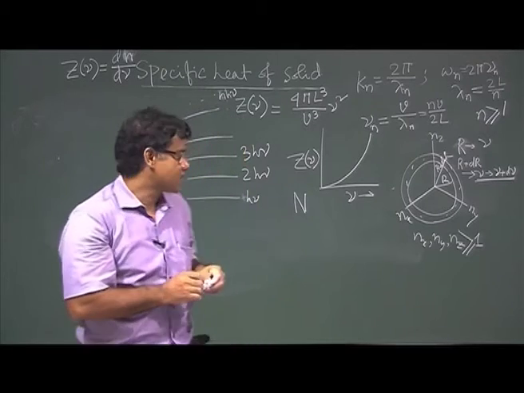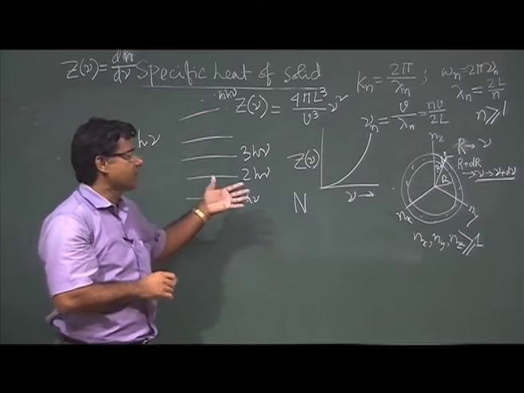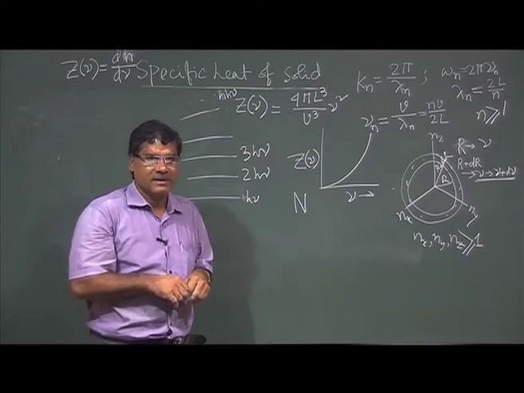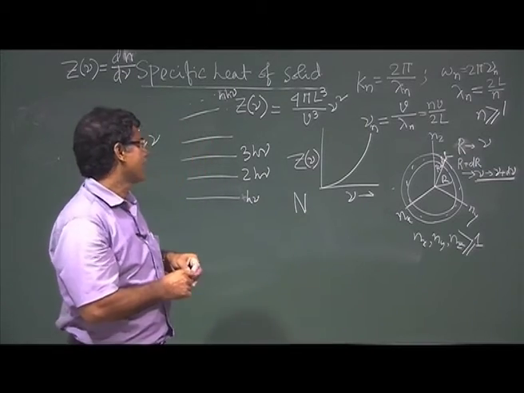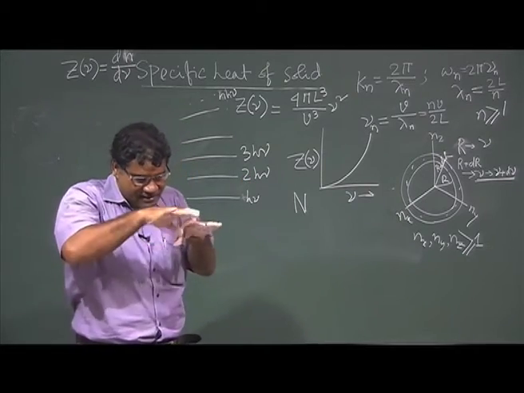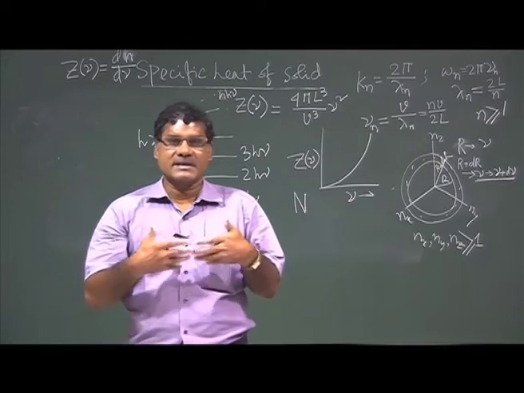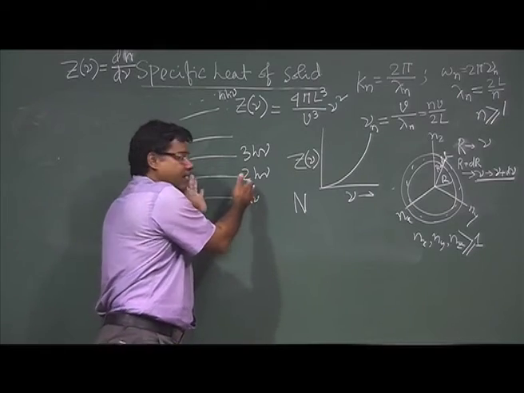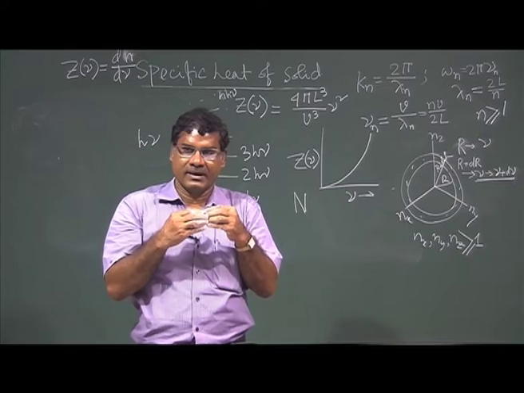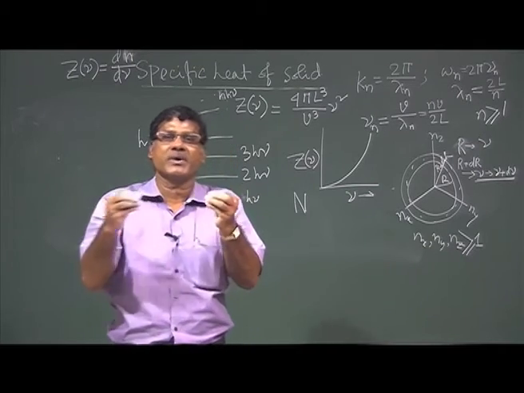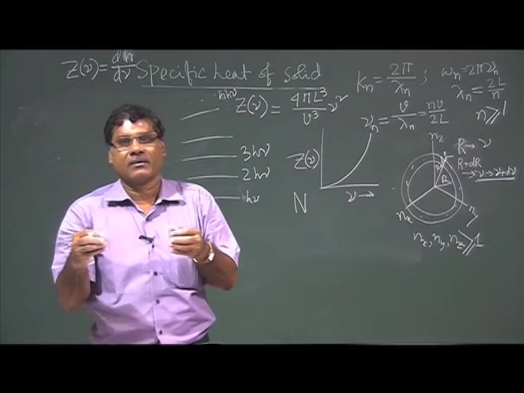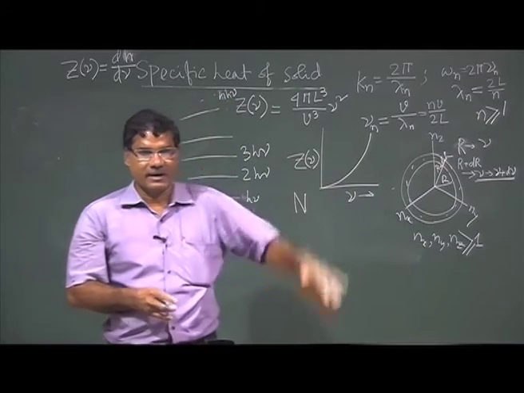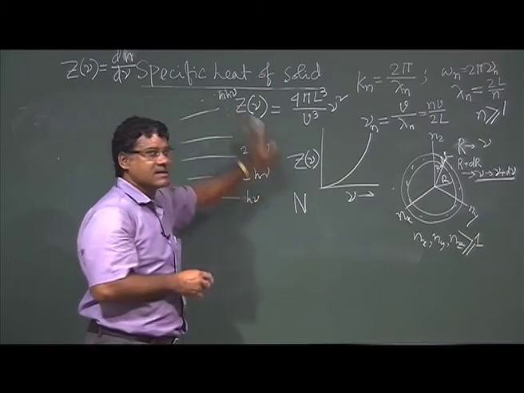Although initially he considered a continuous medium, now he is considering the atomic arrangement in the crystal, as if the modes are coming from the harmonic oscillation of the N atoms. So he made each mode equivalent to a harmonic oscillator, and a harmonic oscillator has n h nu kind of energy levels. So each mode will have this kind of energy level.